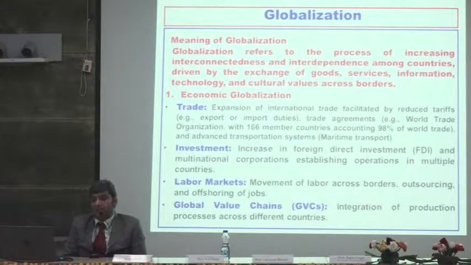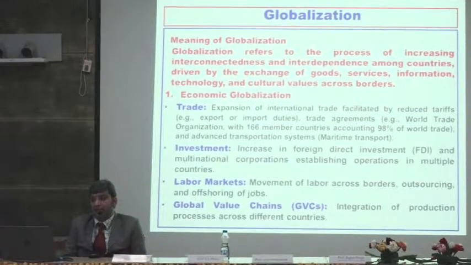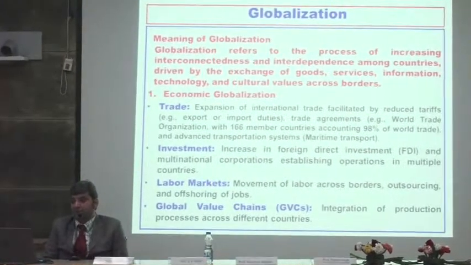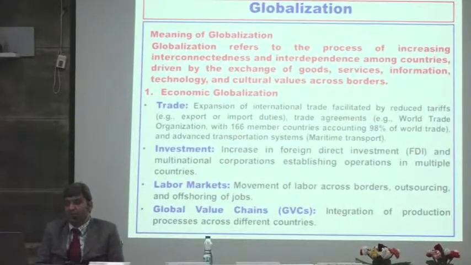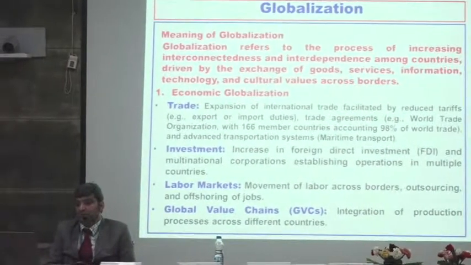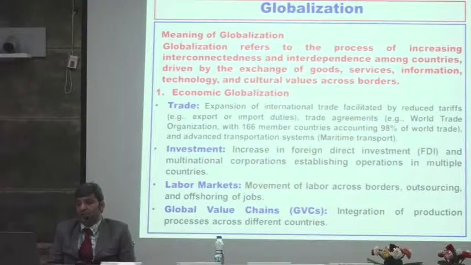In the context of trade, expansion of international trade, facilitated by reduced tariffs, trade agreements, and advanced transportation systems, indicates the process of globalization. For example, for increasing international business, we can reduce export and import duties, that is, reduce the tariffs.